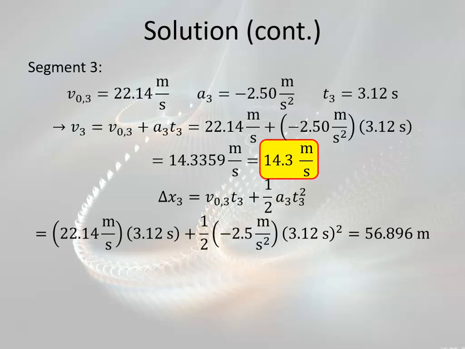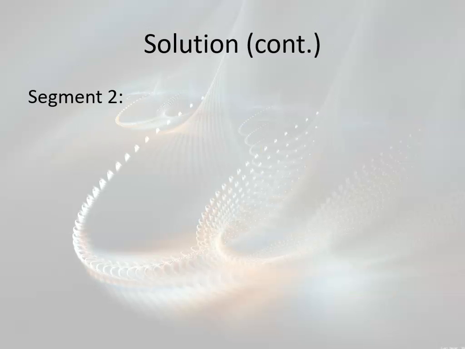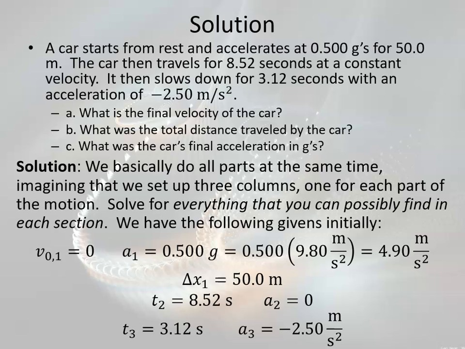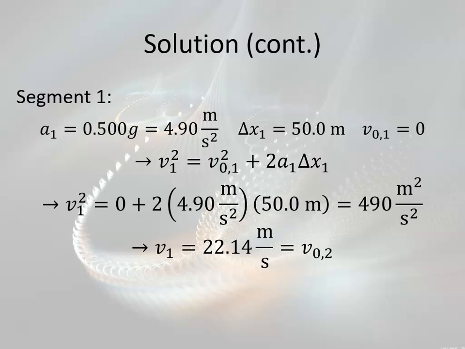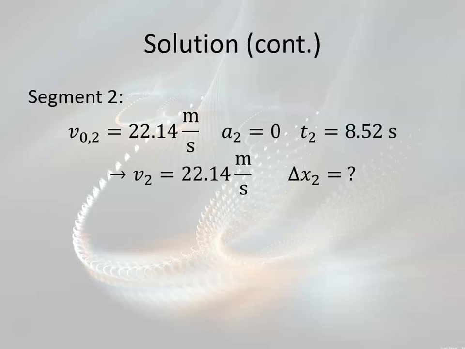Going back, notice that we set up several different segments. We first wrote down all of our givens, and for each segment, we figured out everything we could possibly figure out: how far it went, the time that passed, and the final velocity. We used the final velocity for each segment as the initial velocity for the next segment. Some things are already given, like the time passage, but we needed to figure out the displacement during that segment.